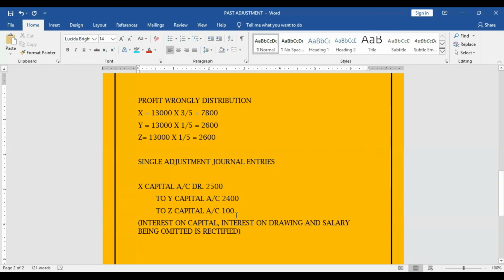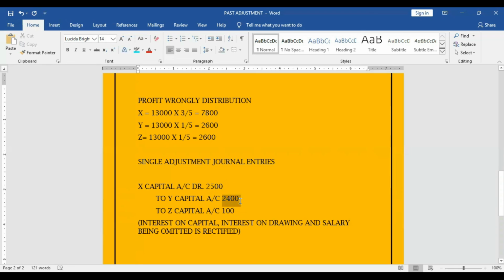So what does it show is, without providing interest on capital, without providing salary, without charging interest on drawing, they have distributed the profit. Because of that, X was excessively credited by 2,500. Now it is rectified by debiting his capital account 2,500. Y was excessively debited by 2,400.